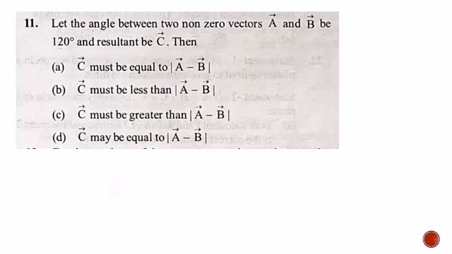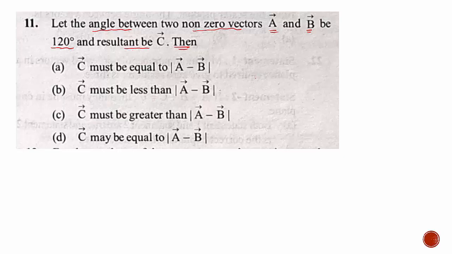11th question. Let the angle between two non-zero vectors A and B be 120 degrees, and the resultant of A and B is C. You can observe all the options are given in terms of A minus B, so we should use subtraction of two vectors.